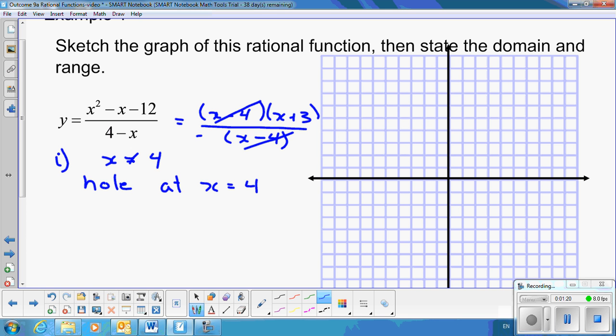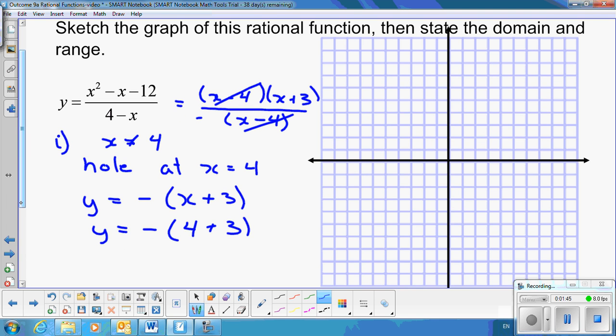And we can find out what the y value is by substituting in 4 into our new equation. This equation, when we simplify it, actually becomes y equals, I can bring the negative up from the bottom, negative x plus 3. If I substitute in positive 4, I have y equals negative 4 plus 3, so I have y equals negative 7.